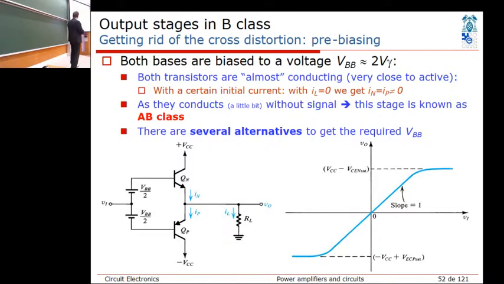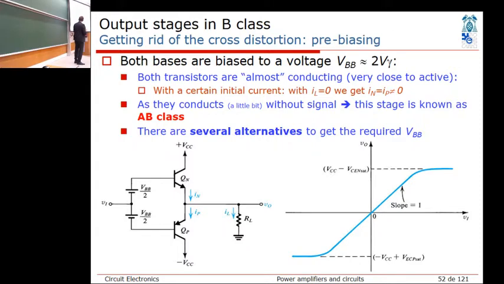the first big problem with this B class amplifier was that across the zero signal, meaning the small signals, you have a lot of crossover distortion.